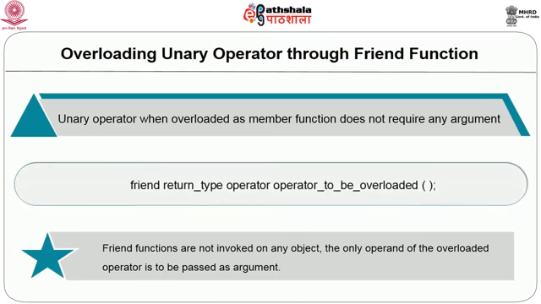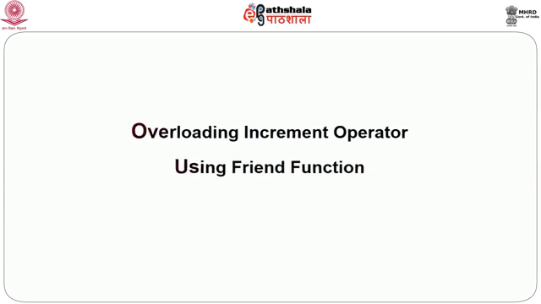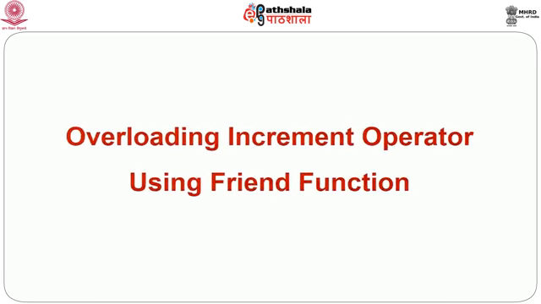But when we overload a unary operator using a friend function, friend functions are not invoked on any object, therefore the only operand of the unary operator, which would be the object of our class, has to be passed as an argument. So let us see how to overload the increment operator using a friend function.